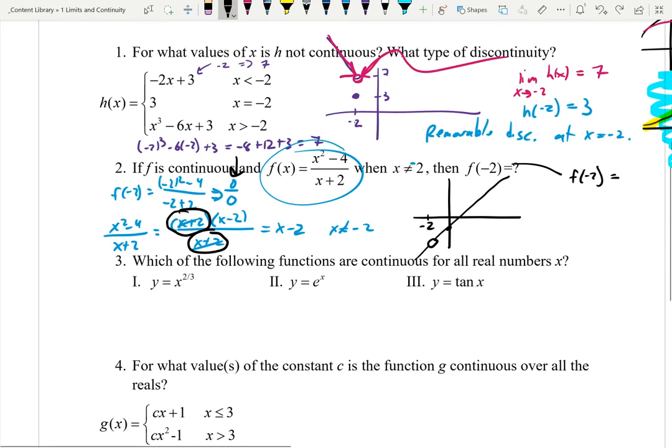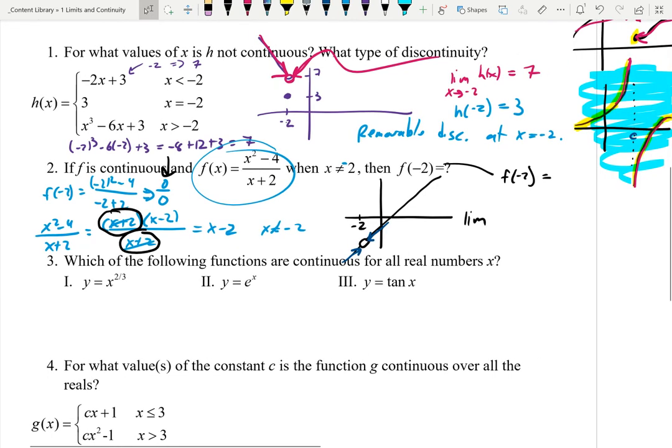Well, what we really need to consider then is the limit, because if I can work out the limit from the left and the limit from the right, that will tell me what that y value is. I need the limit as x approaches -2 of my function f of x. Well, we can just use this simplified version of f of x.